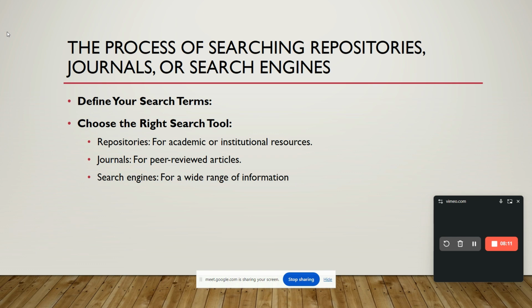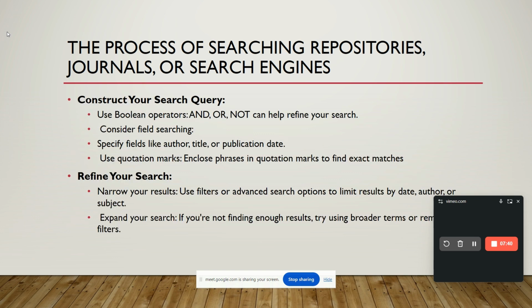And then for journals, if I'm looking for peer-reviewed articles especially, or single articles, I go to open access journals, because they specifically house articles. But if I'm looking for a wide range of information, broad information, then I can use search engines. So it's quite important for me to choose the right search tool.